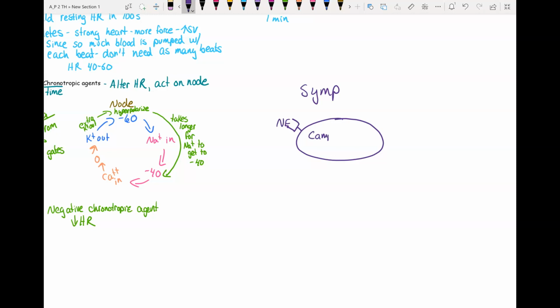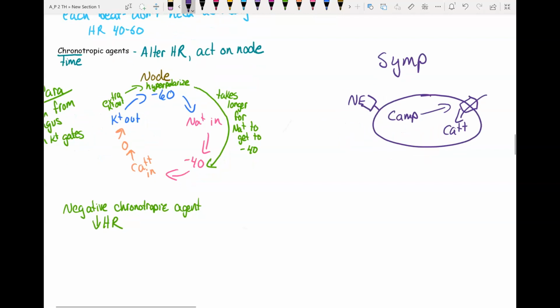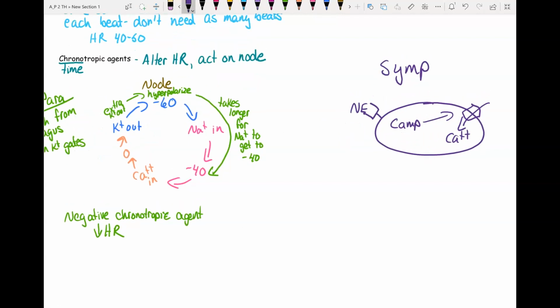That activates cAMP. cAMP then opens a calcium gate and lets extra calcium in. So when you have norepinephrine, you get extra calcium in. That means you go this part faster. You go from -40 to 0 faster.